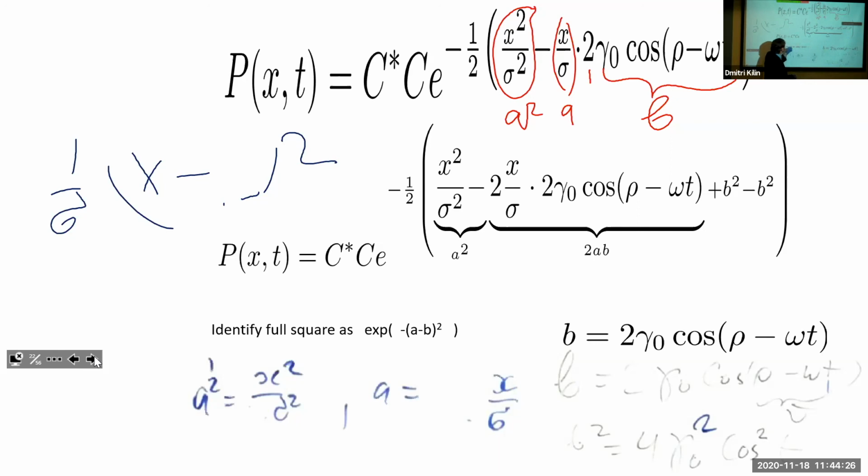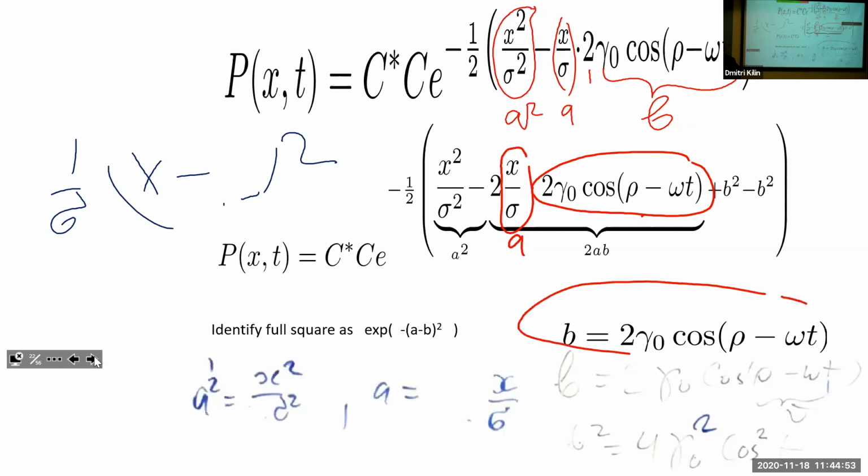So if we treat this x over sigma as a, and x squared over sigma squared will be a squared, then the second term has the stuff that we can call a, and then the rest, this 2 gamma naught cosine rho minus omega t, can be treated as b, right? So if we define this as b, we can just add and subtract it.